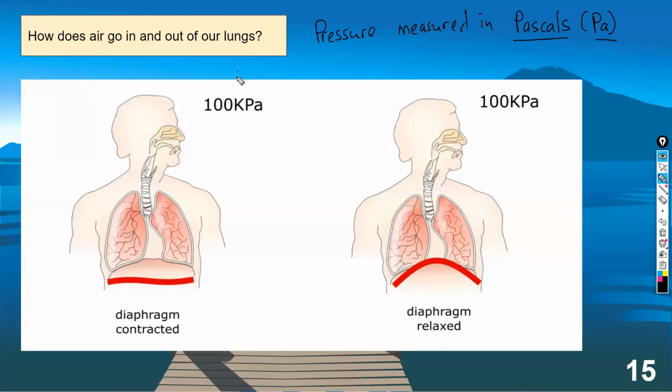You all are seeing a capital K here. Capital K just means to multiply it by 1,000. The K stands for kilo, like kilograms, okay? Our atmosphere around us right now is roughly 100,000 pascals, or 100 kilopascals.